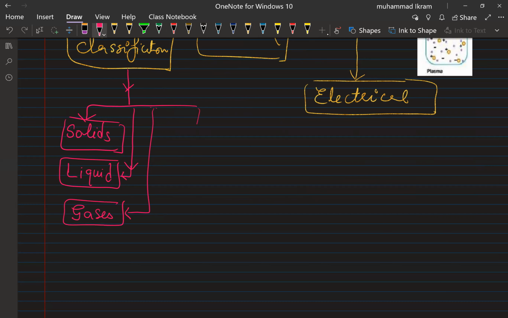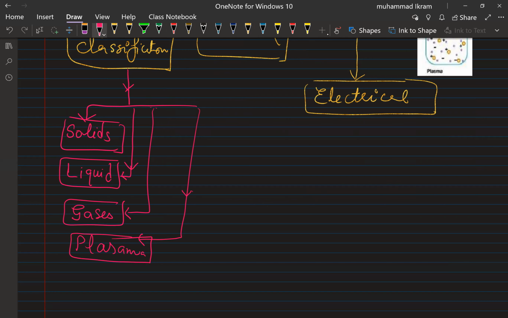And the fourth one is the plasma state of the matter. The plasma is sometimes also called the ionic state of the matter. So this is the physical classification.